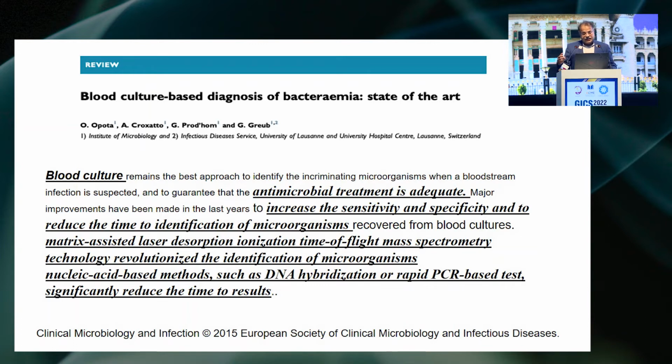That's the reason blood culture has moved from the traditional culture to the multiplex system, or finding the DNA by rapid PCR technique, where we can quickly recognize the bug and probable resistance pattern. The purpose here is to recognize the bug quickly and also recognize the probable resistance.